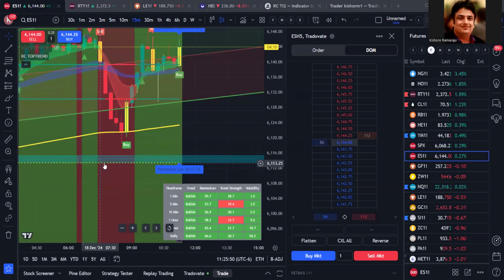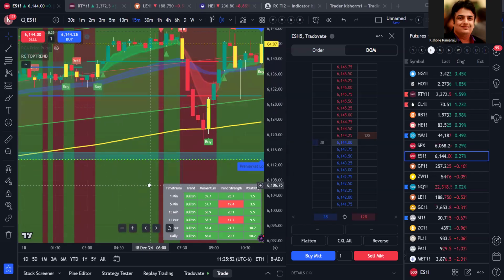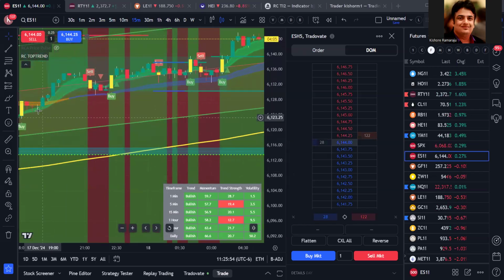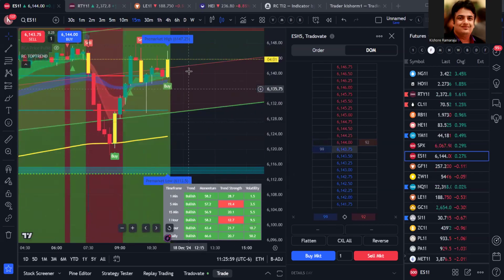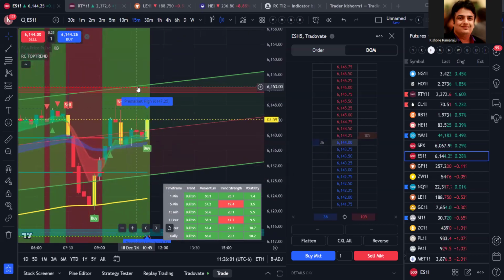So you have green dots and also support here. If price comes there, you can see a big bounce from that line. You have strong resistance and also mini resistance. If price goes and touches that, there can be a big drop.